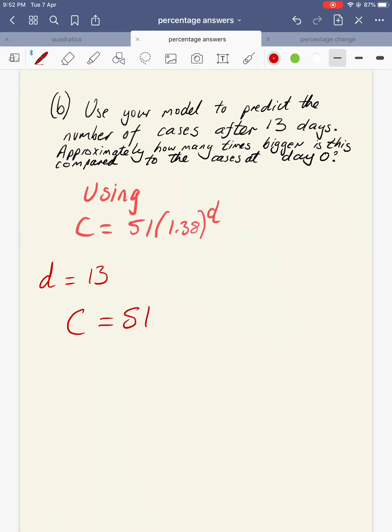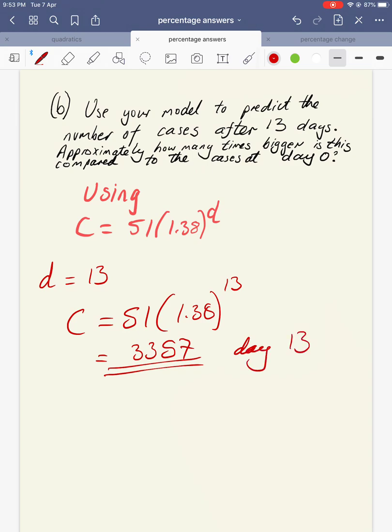But we would just do 51 times 1.38 to the 13. And I'll just type that into my calculator, 51 times 1.38 to the 13. So I've got a value of 3,357 cases. Okay, so that's on day 13.